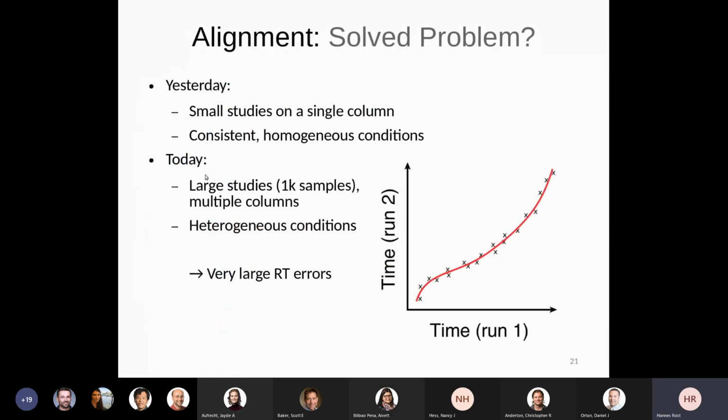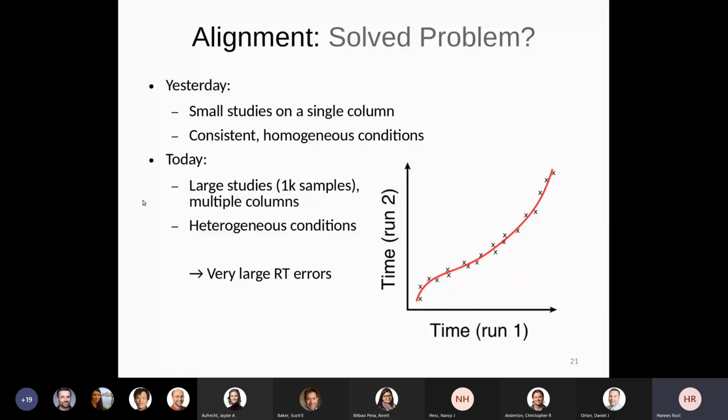And so at the time, we thought this was actually a solved problem. However, we didn't realize that we had only worked on relatively small scale studies that were done on a single instrument, on a single column, under relatively consistent and homogeneous conditions.